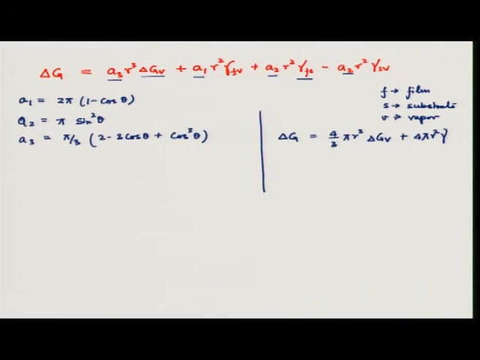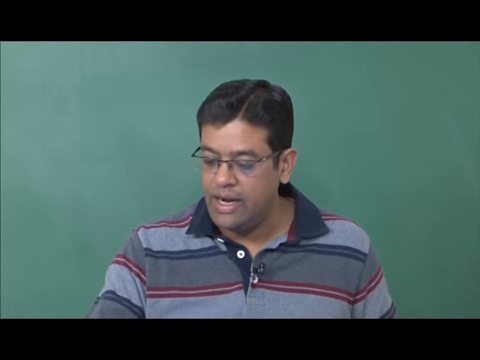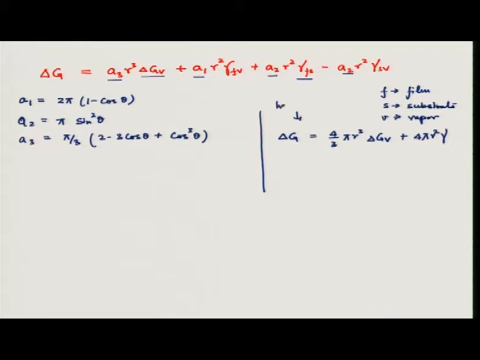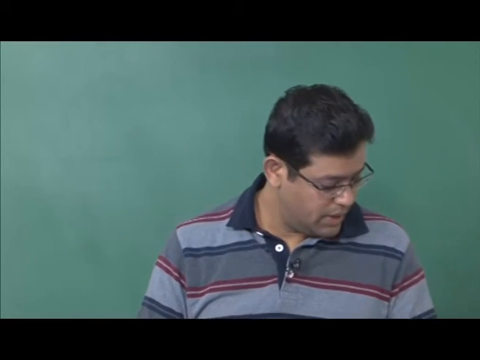So, these two are very similar. It is just that one is for a nucleus which forms an angle theta, a heterogeneous nucleation, and this is for homogeneous nucleation in a supersaturated solution or supersaturated vapor phase.